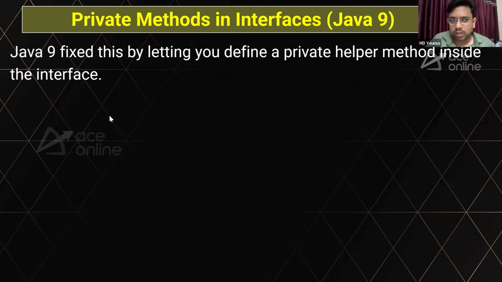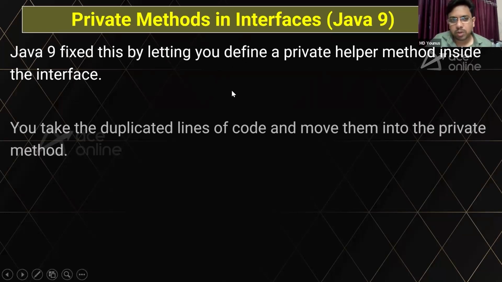Okay, the answer for that is this utility method, or the helper method, basically we call it a helper method, needs to be used by the same interface, right? I don't want this to be used by other classes because it's just defining the common things. So that's where private methods got introduced. You take the duplicated lines of code and move them into the private methods.